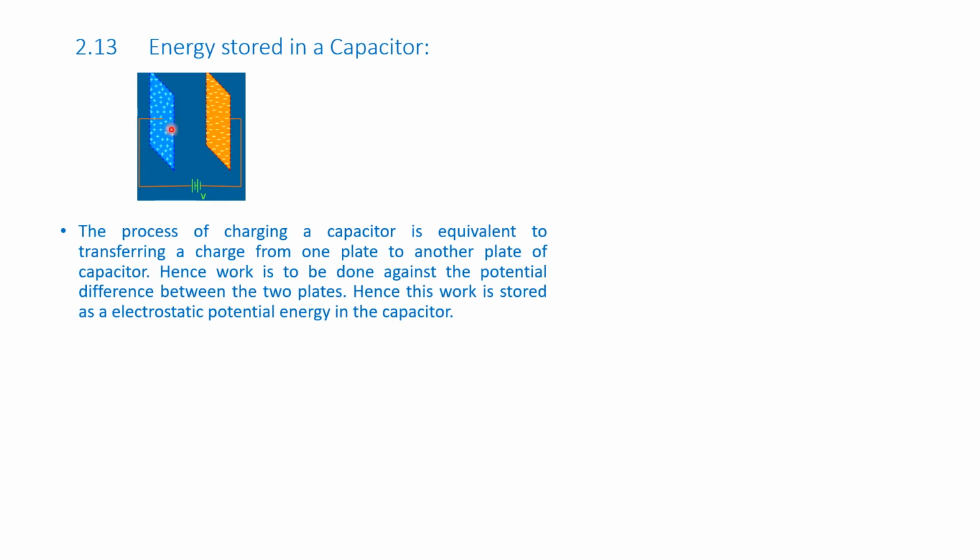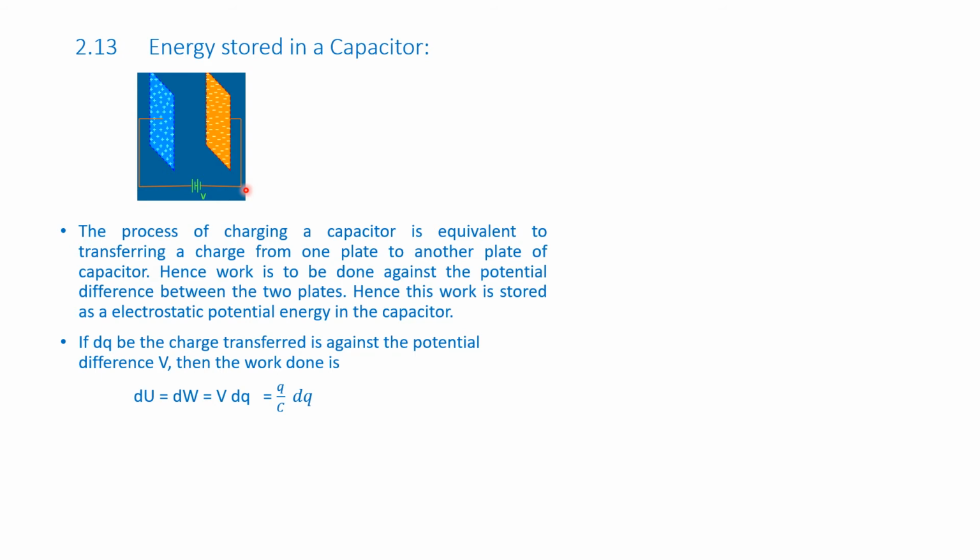Hence, work has to be done against this potential difference between the two plates. This work is stored as electrostatic potential energy. So, we are transferring charge from one plate to another plate for which we have to do some work and that work is stored in the capacitor.